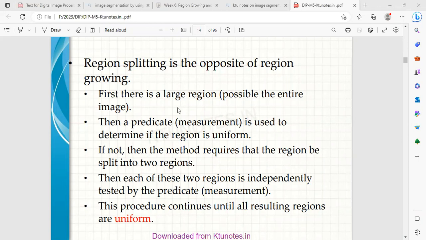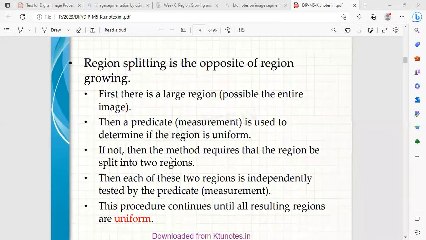Okay. So first there is a large region, if possible the entire image. Then the predicate is used to determine if the region is uniform. If you are using intensity as a predicate, I'll check if the entire region is of uniform intensity.